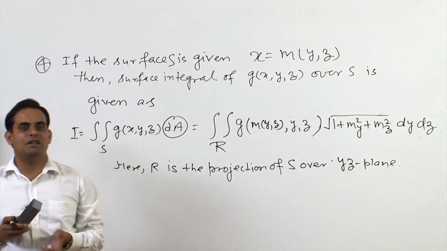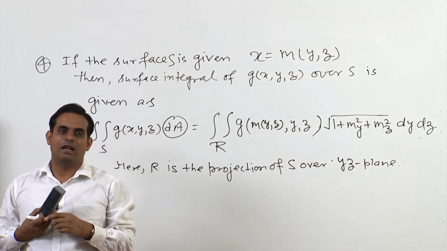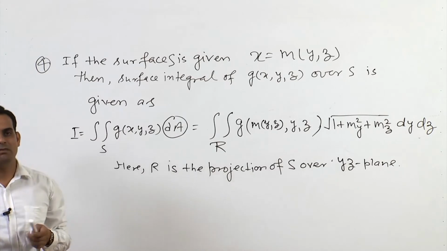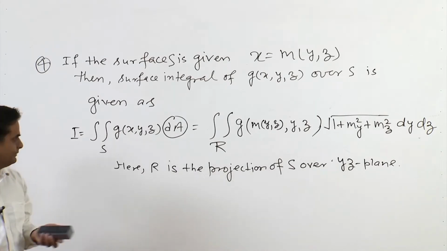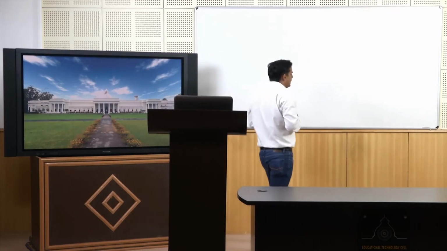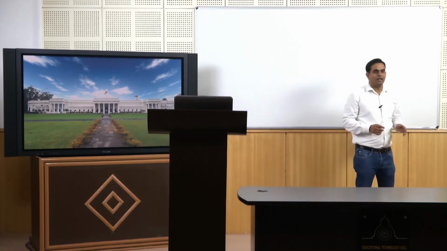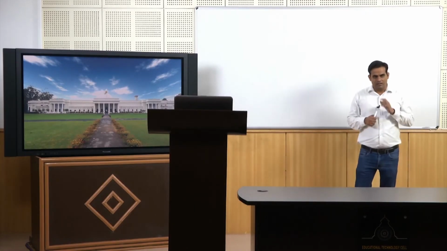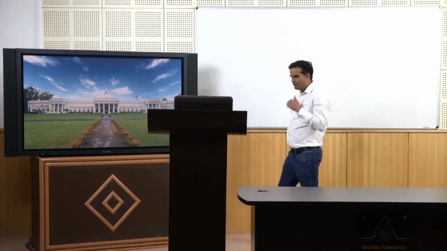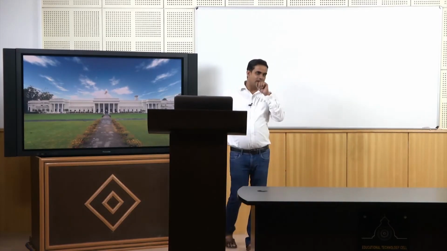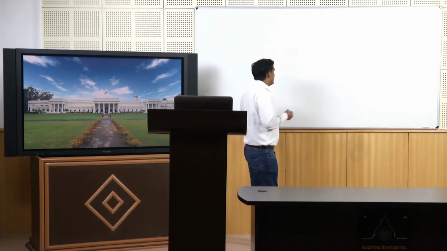So with the help of these 4 formulas we can evaluate the surface integral of scalar functions. Moreover, here in the definition we have taken S as the smooth surface. If S is a piecewise smooth surface, then like the case of line integral we can define it.